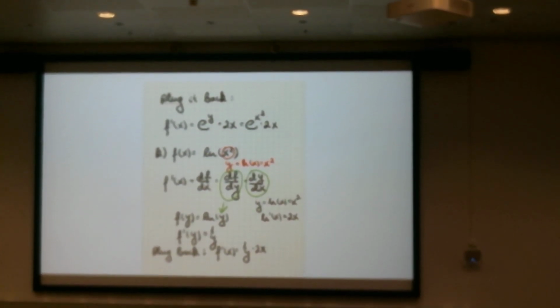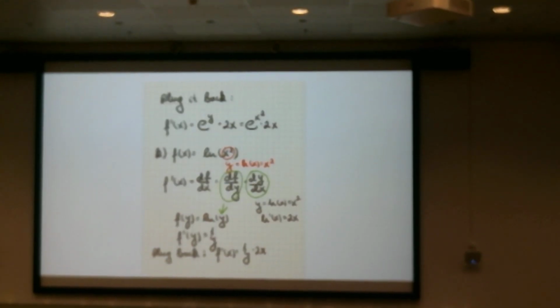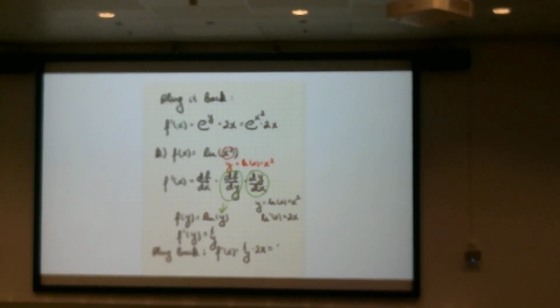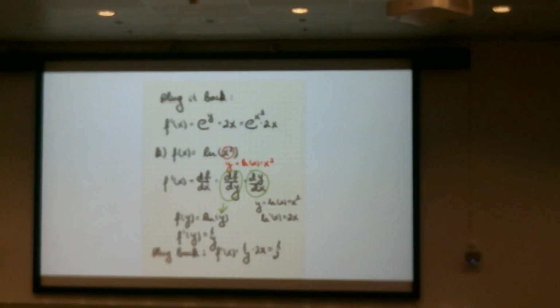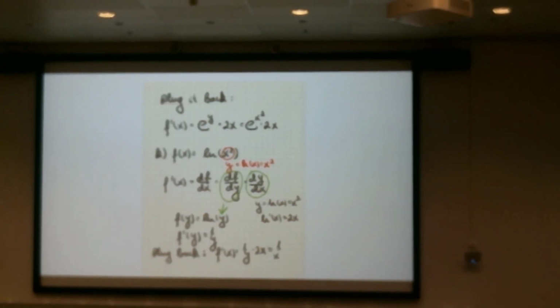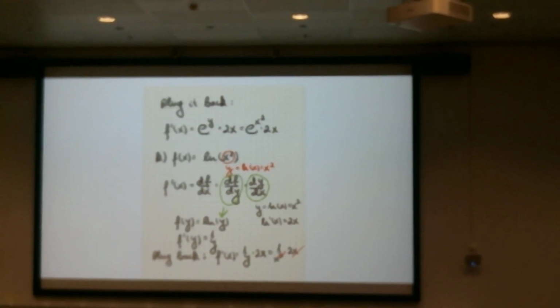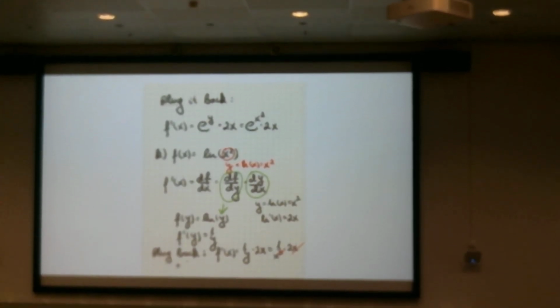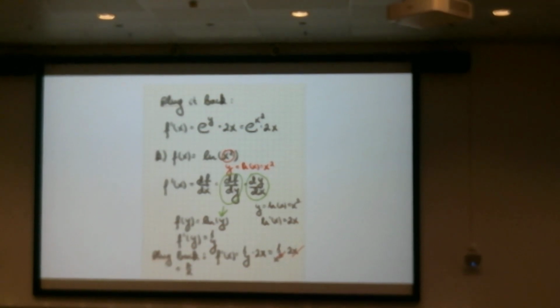But you need to remember to substitute back what y was. So this is equal to 1 over x squared times 2x, which means that x cancels out against the square, which gives 2 over x.